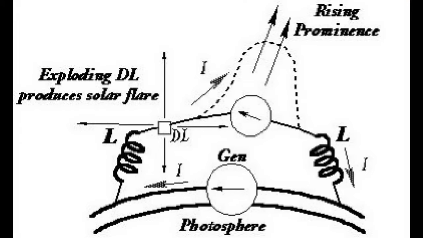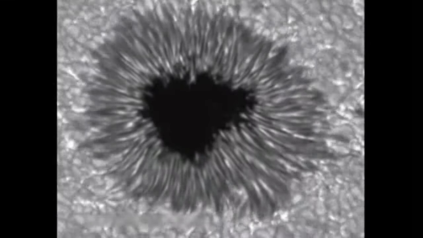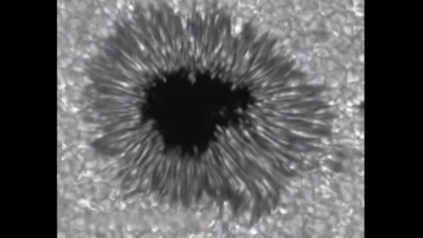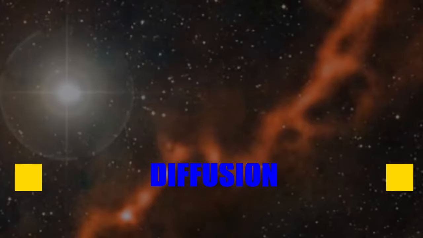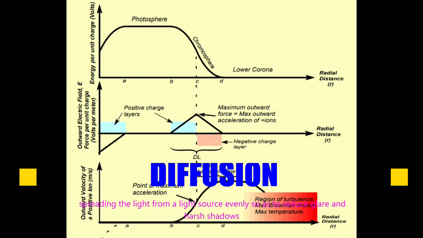Charged particles do not experience external electrostatic forces when they are in the range B to C within the photosphere. Only random thermal movement occurs due to diffusion. Temperature is simply the measurement of the violence of such random movement. This is where the roughly 6,000 Kelvin photospheric temperature is measured.